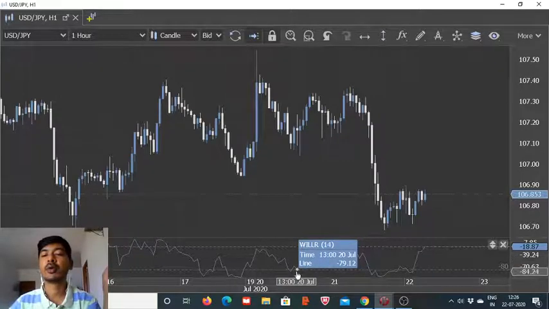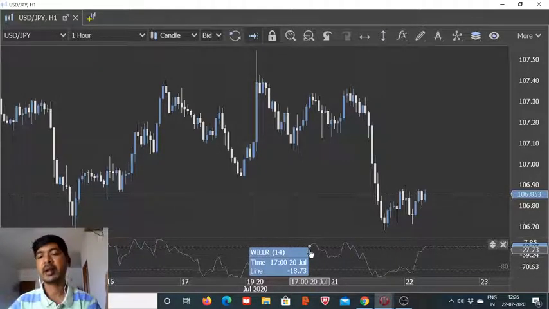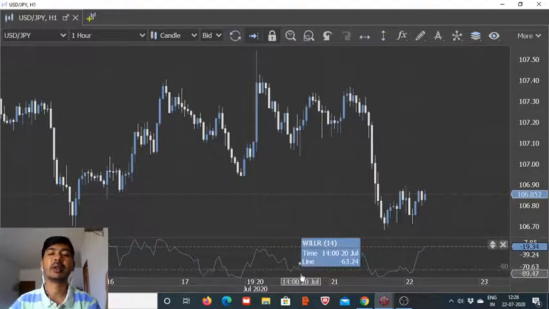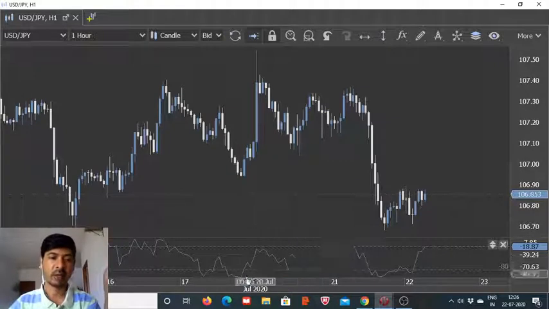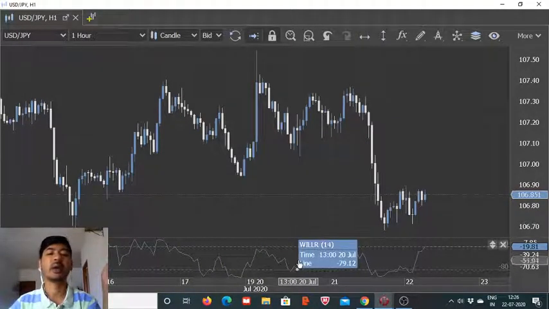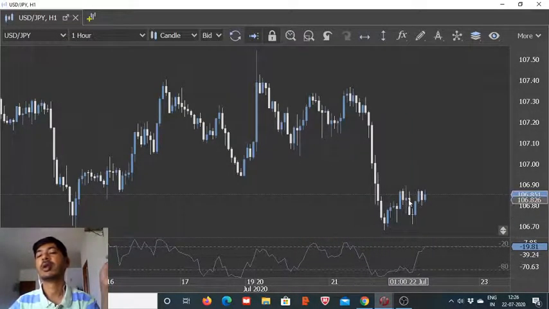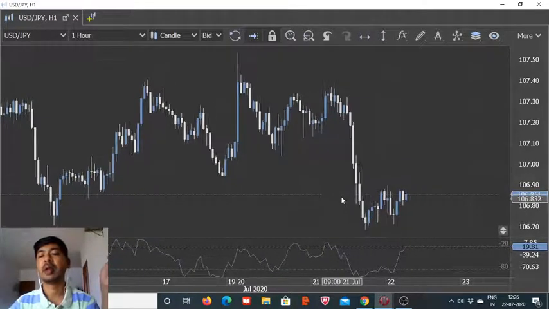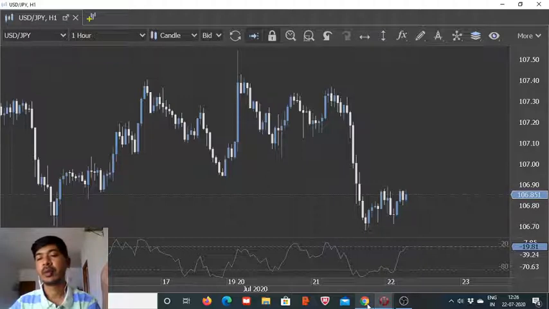So you can also use this as a trend determining indicator, whenever the values are not in extreme territory, but rather the price action is keeping the Williams R's output in between these two extreme levels of overbought and oversold. In such scenarios, you can use this as a trend determining indicator.